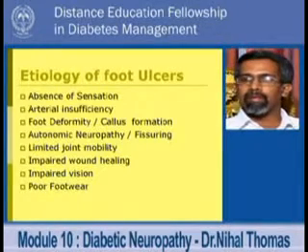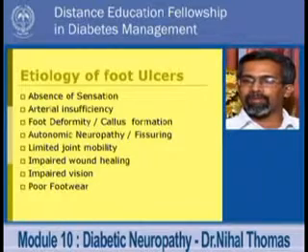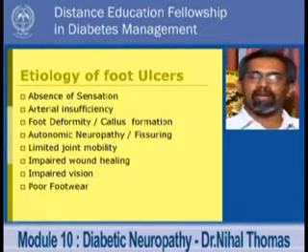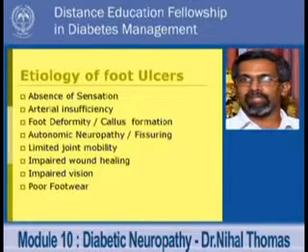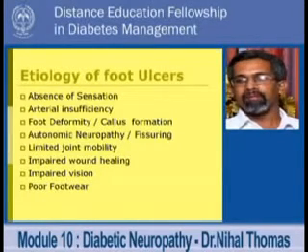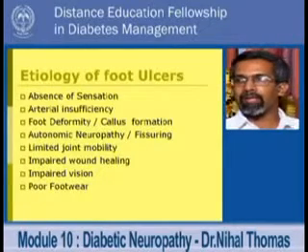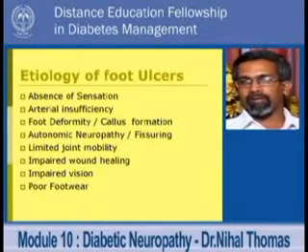There may be impaired wound healing in the presence of uncontrolled diabetes, and patients who have diabetes may have cataracts, macular degeneration or retinopathy, which can impair vision, and this subsequently makes it more likely for trauma to occur to the feet.